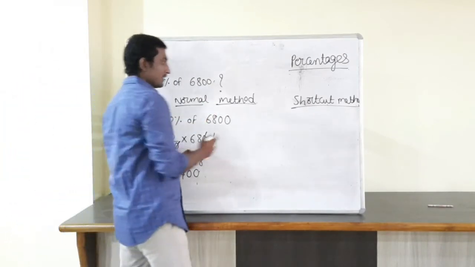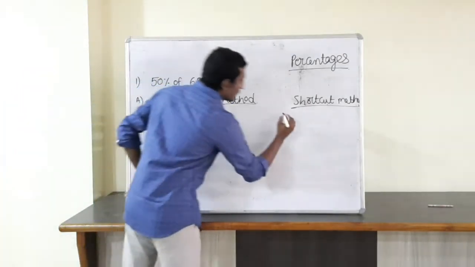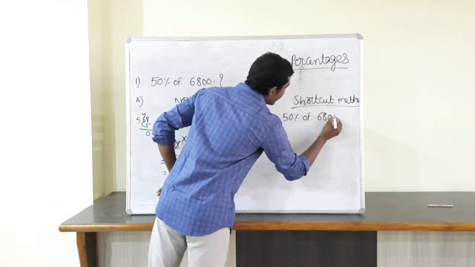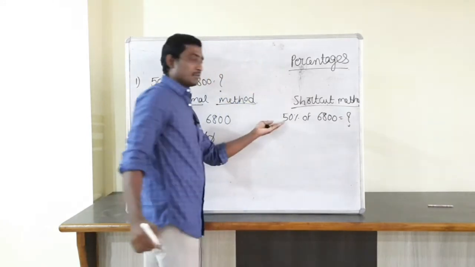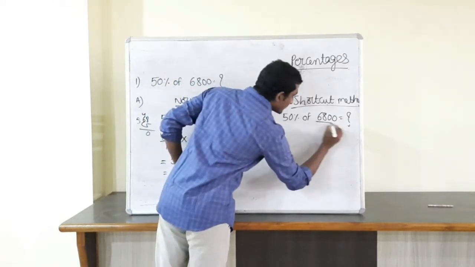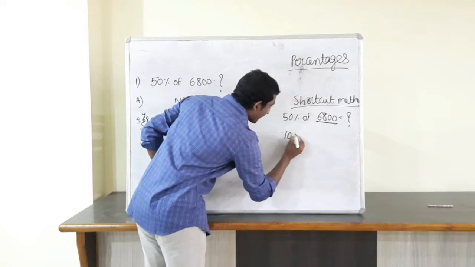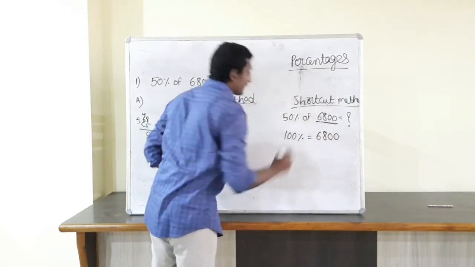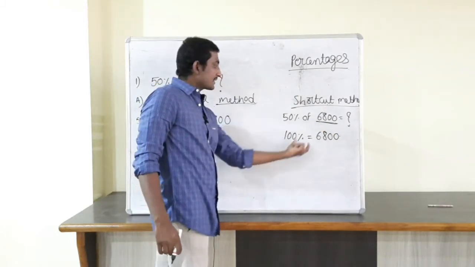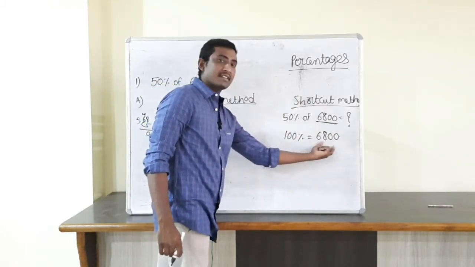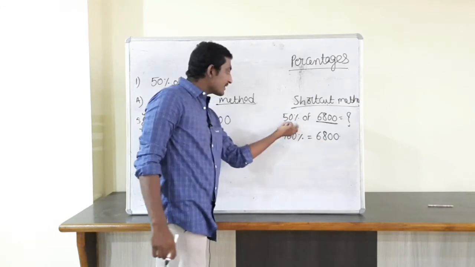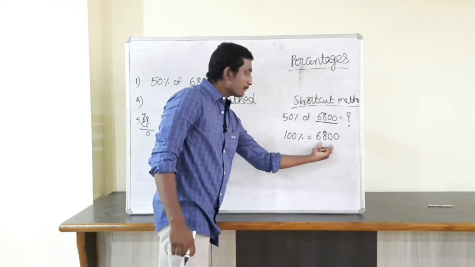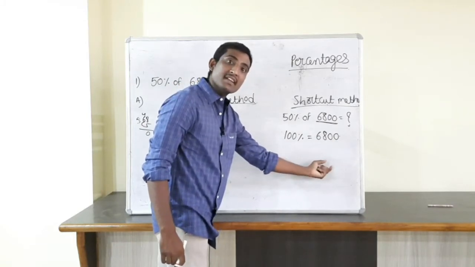In the shortcut method, see the question: 50% of 6,800 equals how much? First take this number as 100%, equal to 6,800. 50% means half of the 100, so on the right side, half of 6,800.